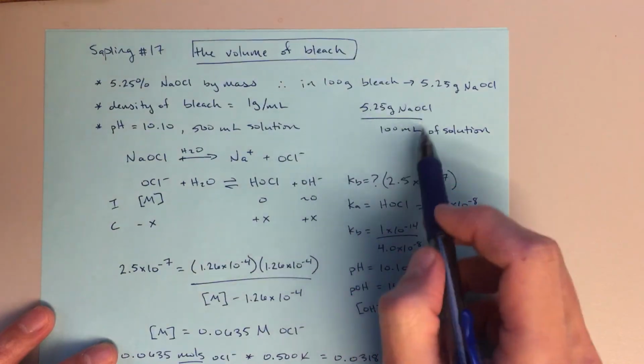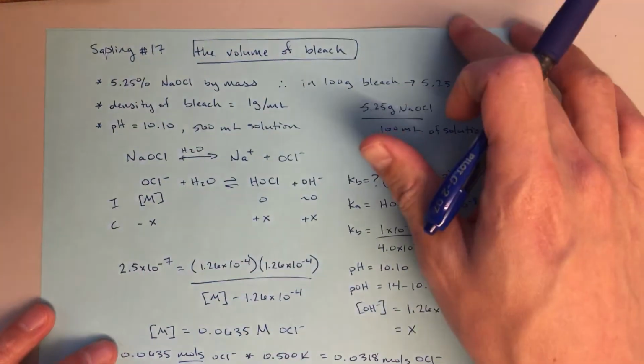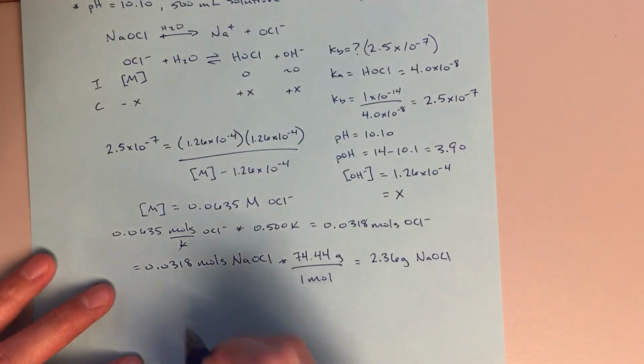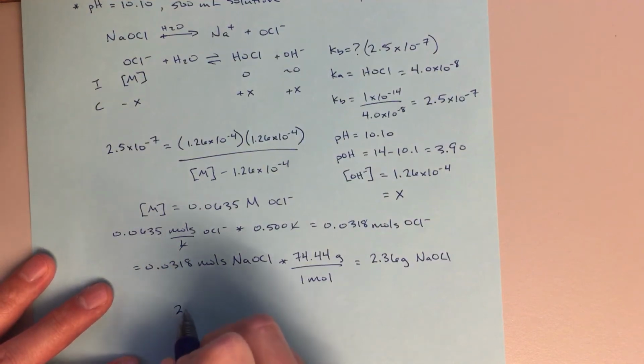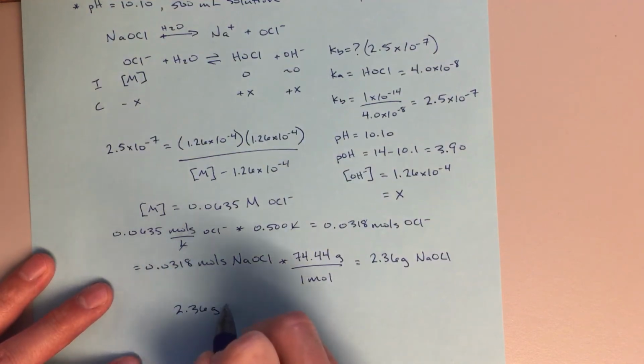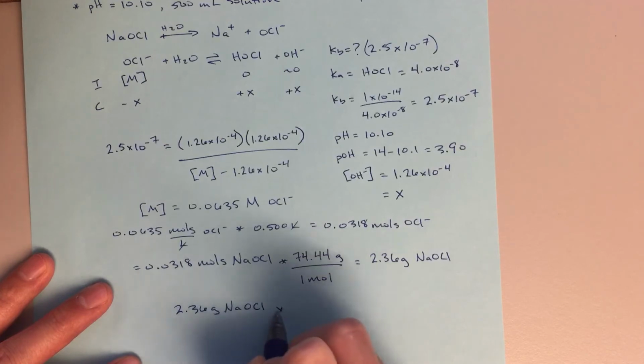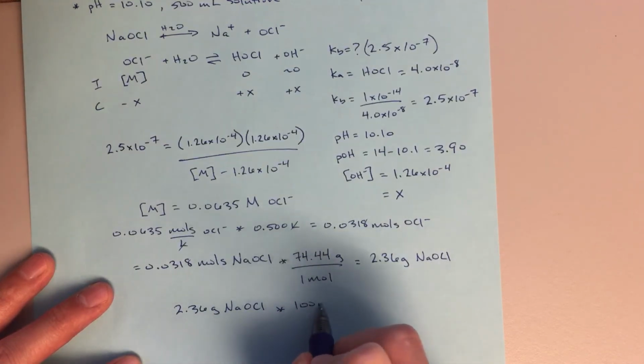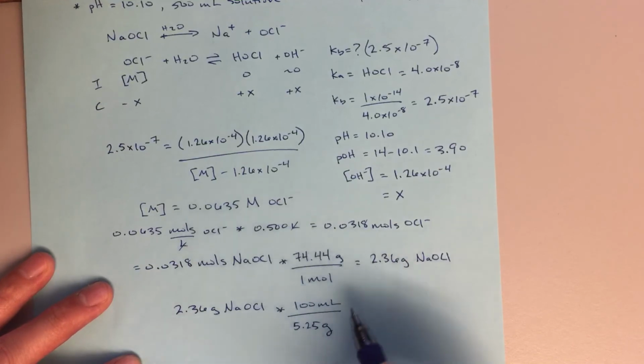So this information here, that's what I'm going to need to use to finally solve this problem for good. 2.36 grams NaOCl times 100 milliliters over 5.25 grams. Here I'm just using this as a conversion factor.